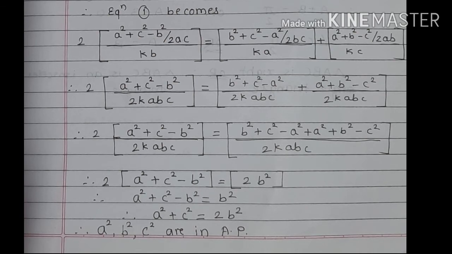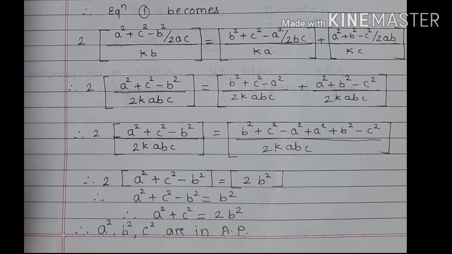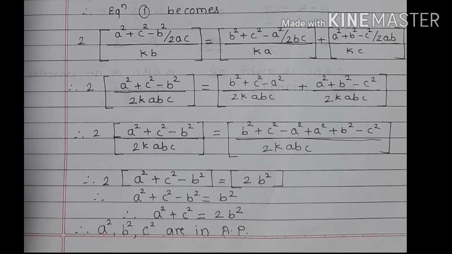Again the left hand side and right hand side denominators are the same, therefore cancelling both, we get 2 times a square plus c square minus b square is equal to 2b square. Cancelling 2 on both sides, we get a square plus c square minus b square is equal to b square, and hence a square plus c square is equal to 2b square. So this shows that a square, b square and c square are in AP.